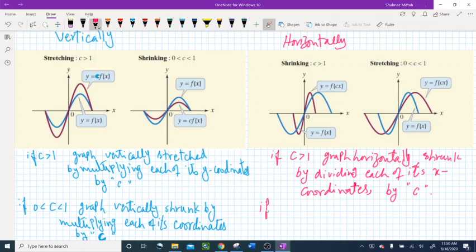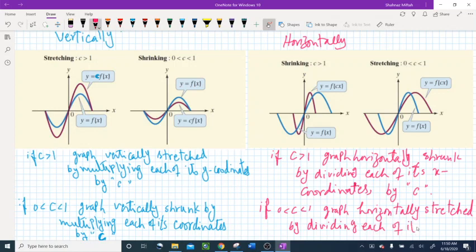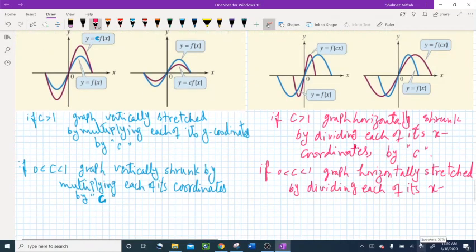Now, if c is less than 1 and greater than 0, then the graph is horizontally stretched by dividing each of its x coordinates by c.